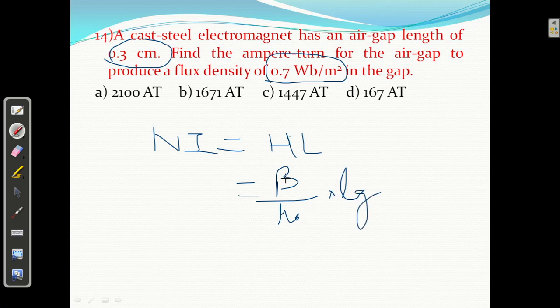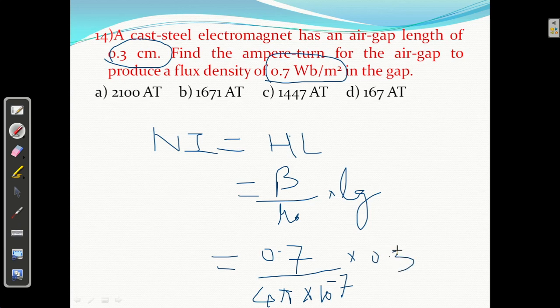Mu r, here H equals B upon mu 0 mu r, but mu r is 1 for air gap. So just put the value. B is given 0.7. Mu 0 we know 4 pi into 10 raised to power minus 7, and Lg we have given 0.3 centimeter.